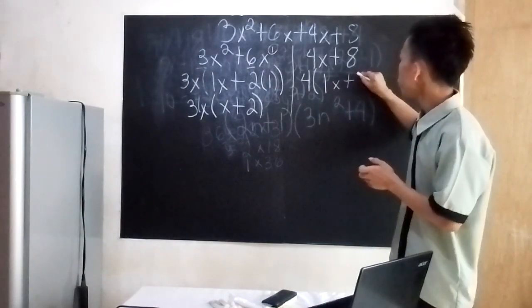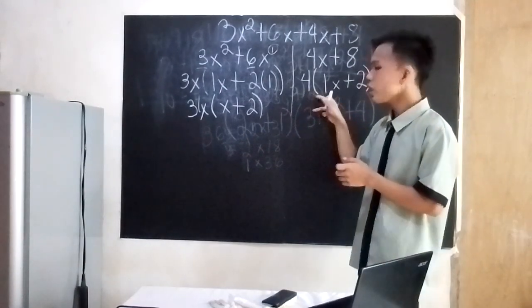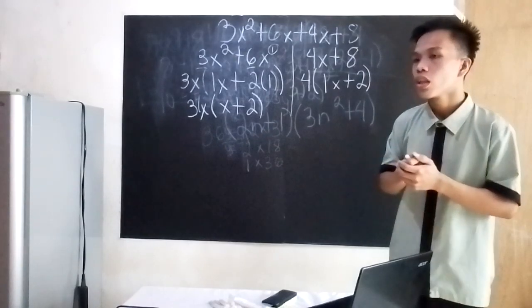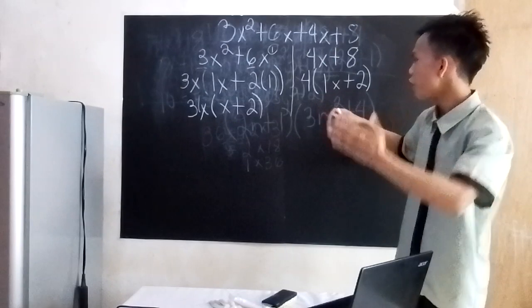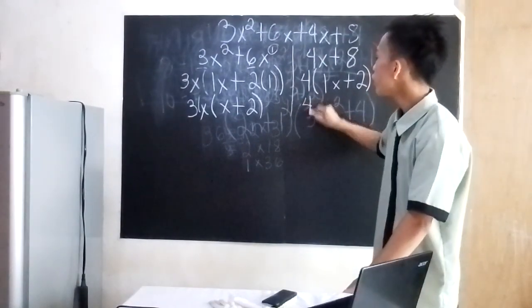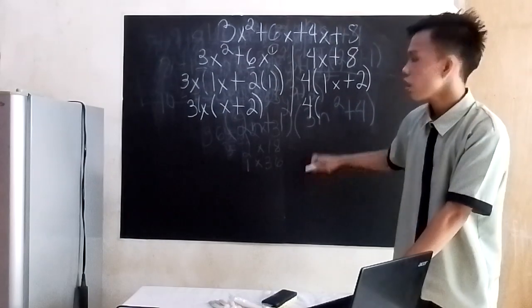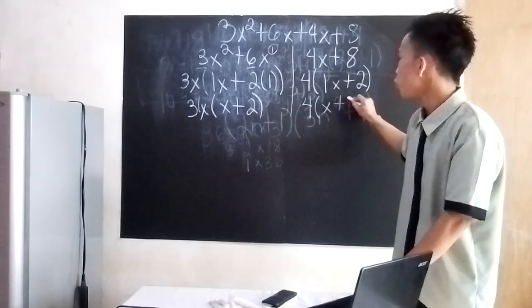That's right, that will be 2. So are we done on finding the factor of 4x plus 8? We are not done yet because this is not in simplified form. So 4 multiplied by, what is 1 times x? x plus 2.